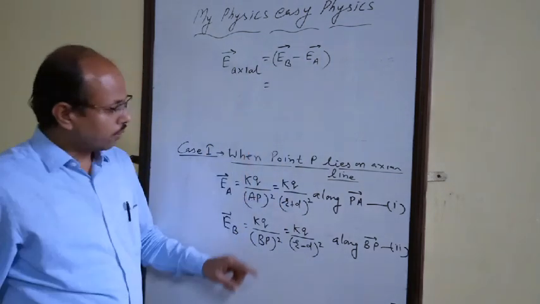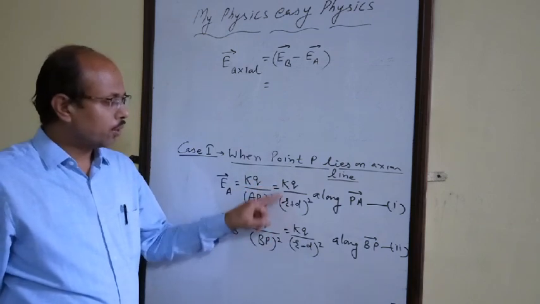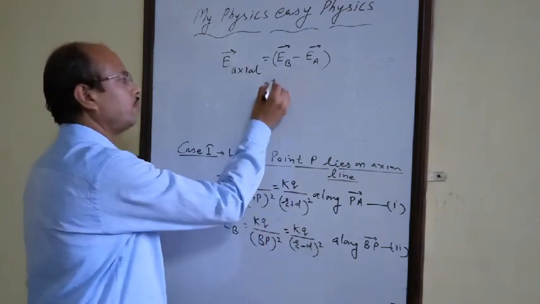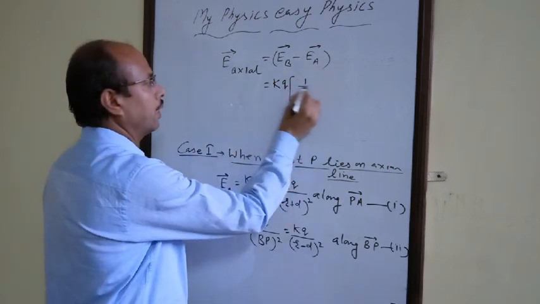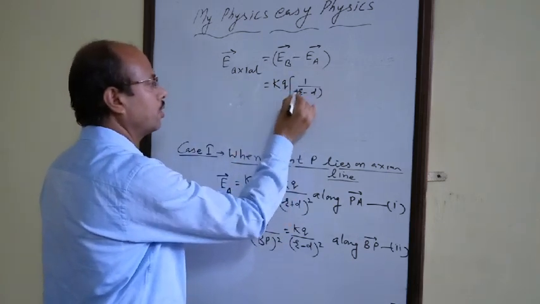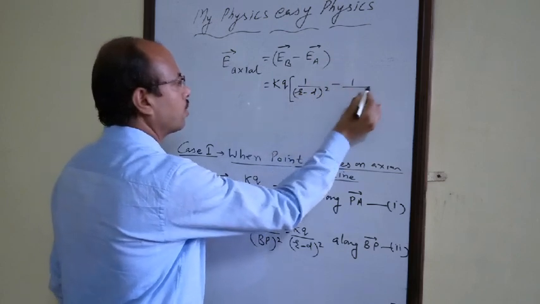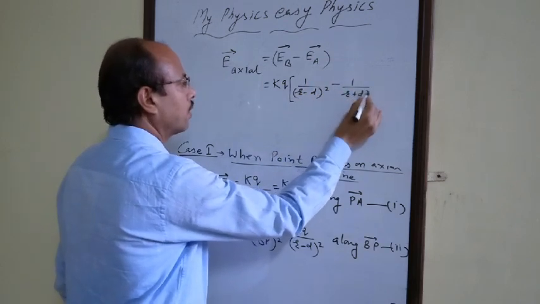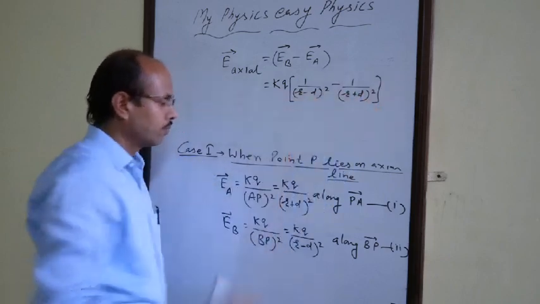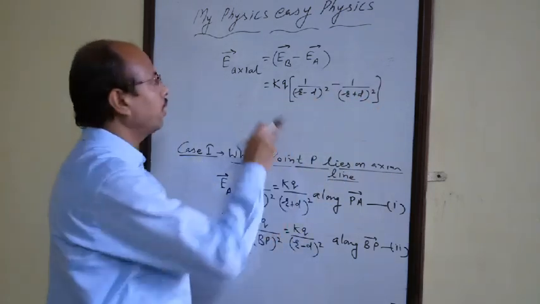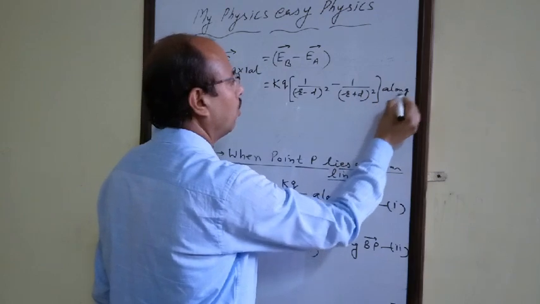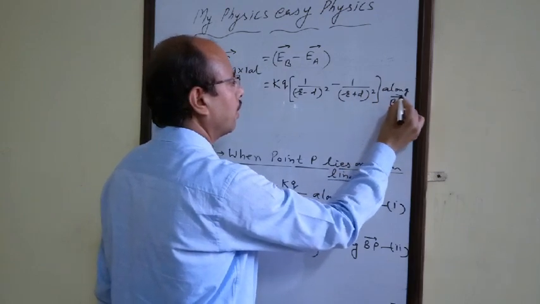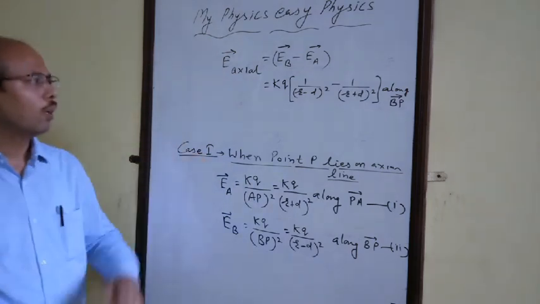Now when we put the values, it is clear that KQ and KQ are common. Therefore we can write KQ into 1 by (R minus D) square minus 1 upon (R plus D) square. And the final direction will be of EB only. Therefore we can write along BP. The net electric field will be along BP.